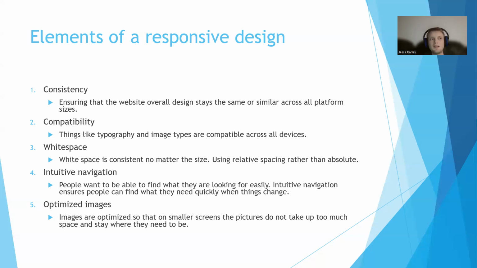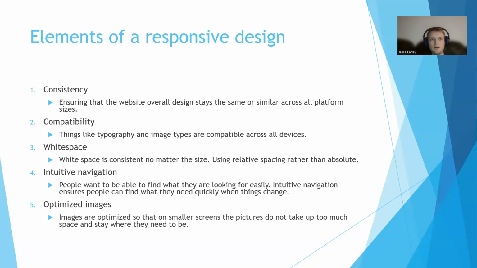And to do this, it helps if you use relative spacing rather than absolute. If you use absolute spacing or absolute margins and stuff like that, if you use like pixels or inches, it can be a little bit different once you shrink it because there aren't going to be as many pixels or inches available on that specific device.